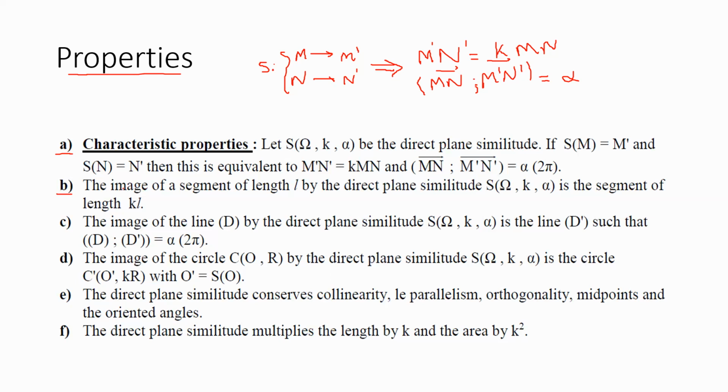Property B. The image of a segment of length L. شو طلع معنا بالsimilitude بالdilation؟ The image of a segment is a segment. What is the length of the segment?